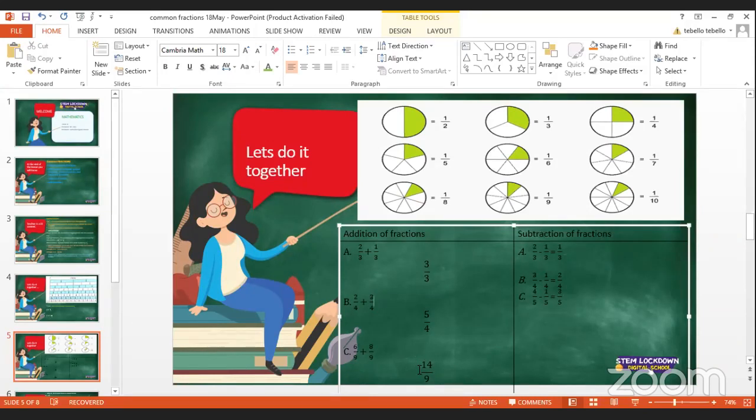Okay, so for our subtraction, let's move to this side. For our subtraction, we will use this table right here. Let's say you are the green one, you see this green side, and your friend is this white side, right?